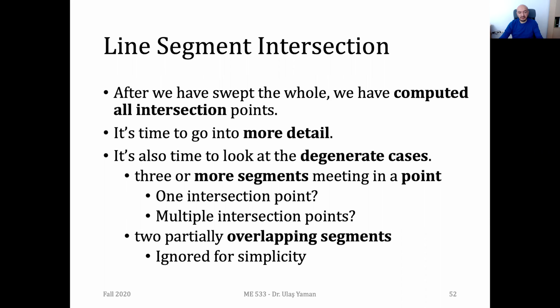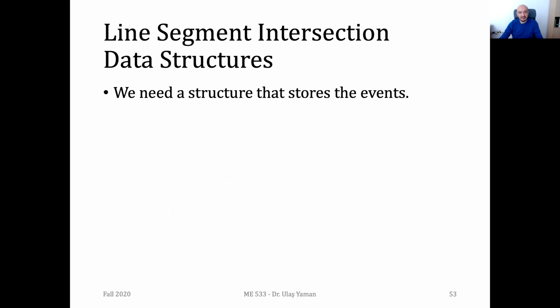This is again quite complicated, so we'll ignore it for simplicity. Since if two line segments are overlapping, then you have an infinite number of intersections. We will ignore it in our algorithms. But for the first one, we can simply store it as a single intersection point. And for the horizontal ones, we will have a different solution. I think we will have a slide for it, so I don't need to discuss it right now.